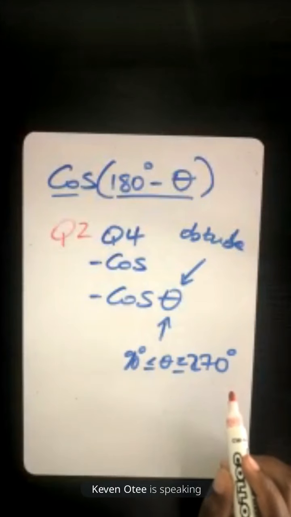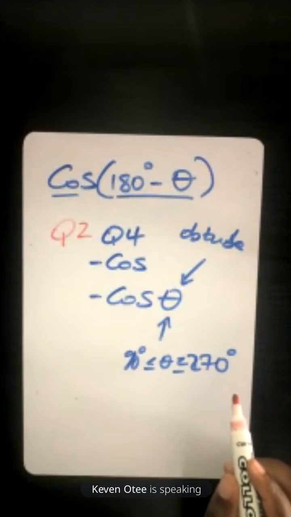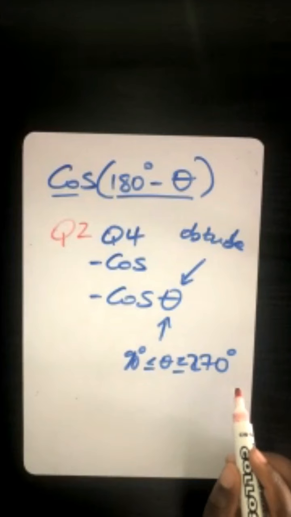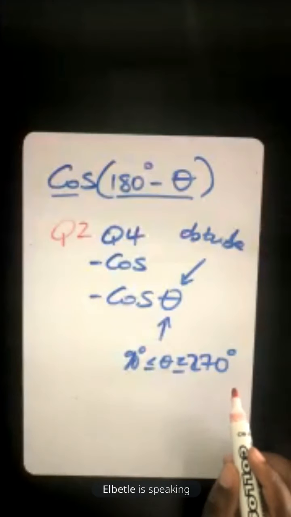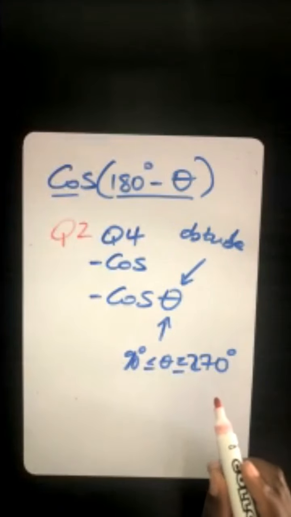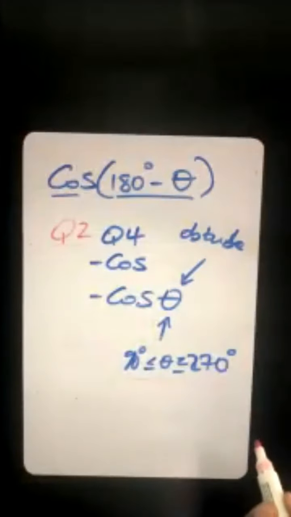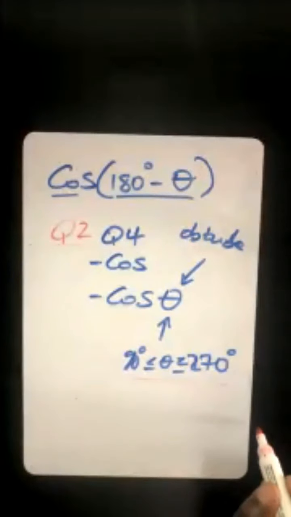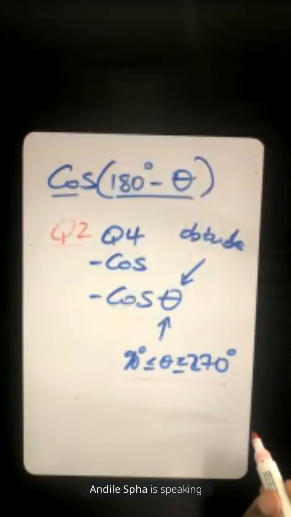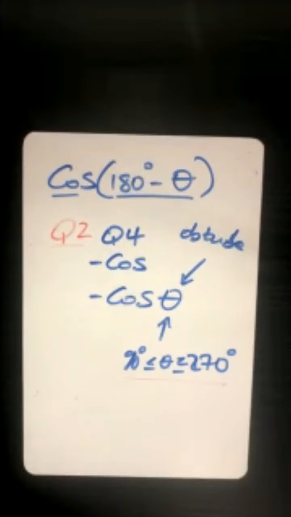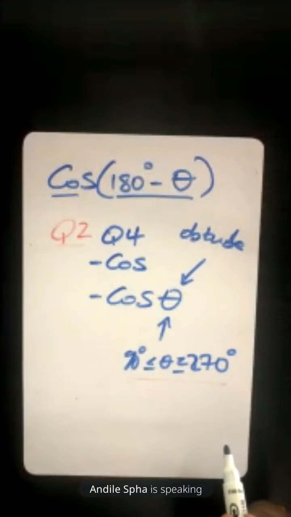180 minus theta decreases. No, is it not quadrant 4, since it's 180 minus? Okay, 100%. It falls under quadrant 2. Then in terms of the angle, is that wrong or correct? It must be 90 to 180.